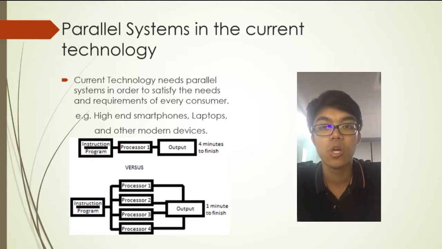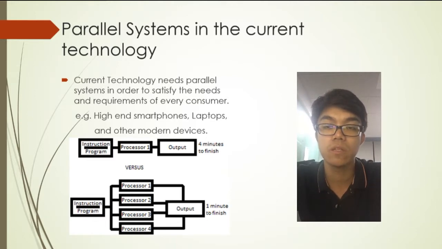Compared to a parallel system, there are 4 processors doing the instruction that's been given. It only took 1 minute to finish that particular job. This is just an example, but as you can see, there's a big difference between those two. We can do so many things with the 3 minutes that we've been able to save.